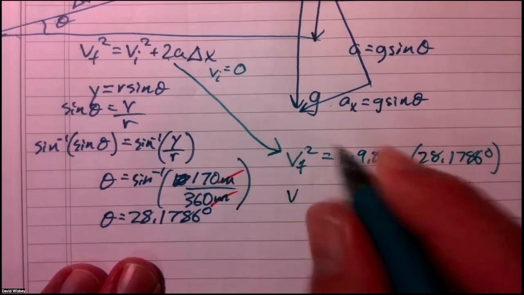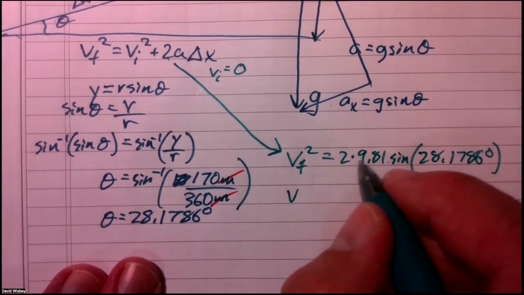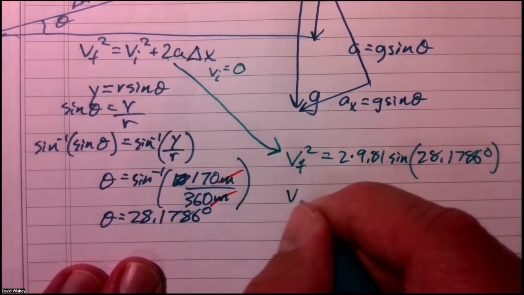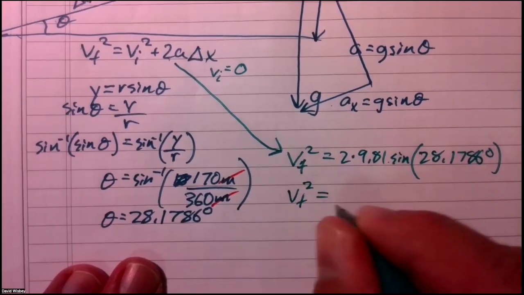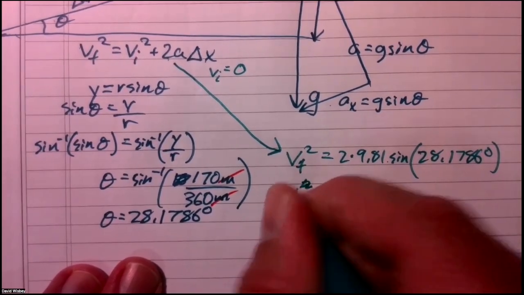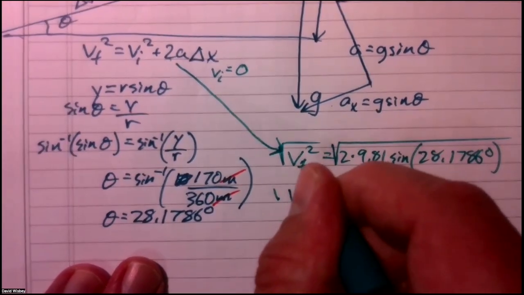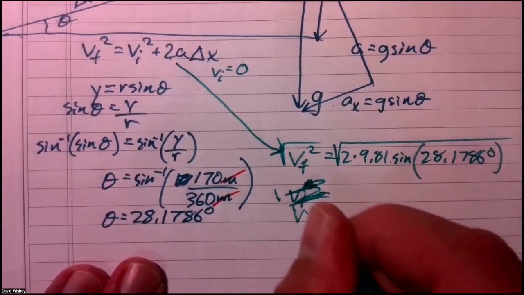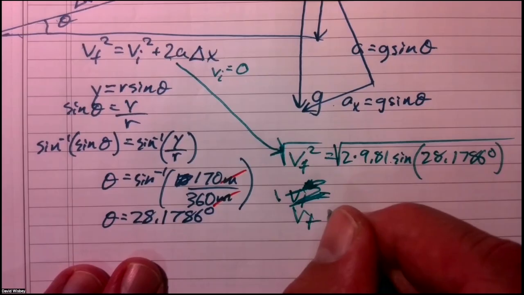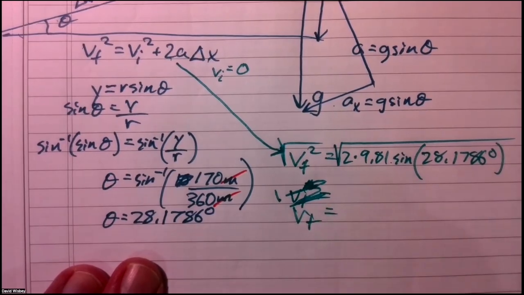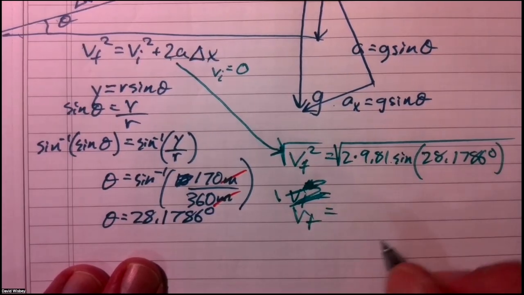I should have found the square root first. The square root of vf squared is vf, and then I'll have all this stuff in here.